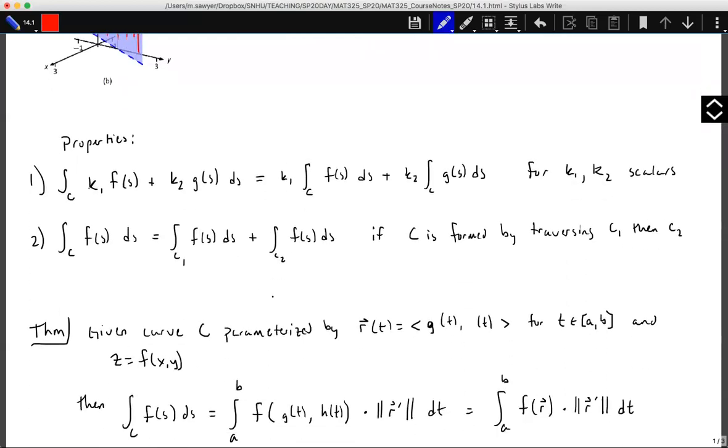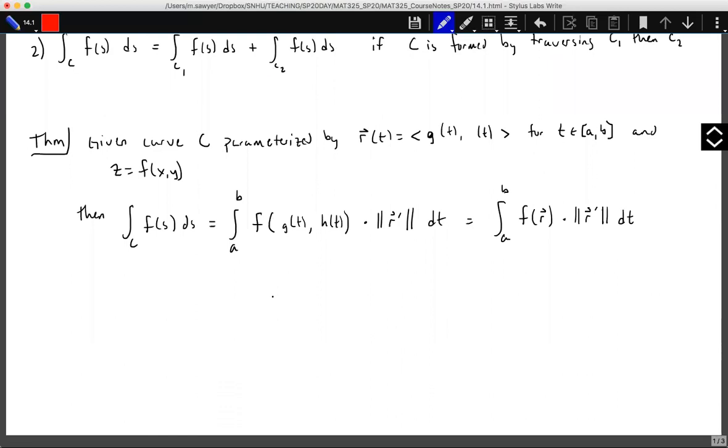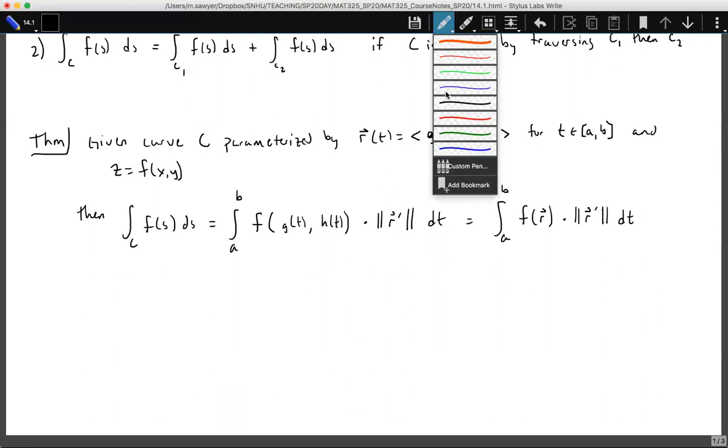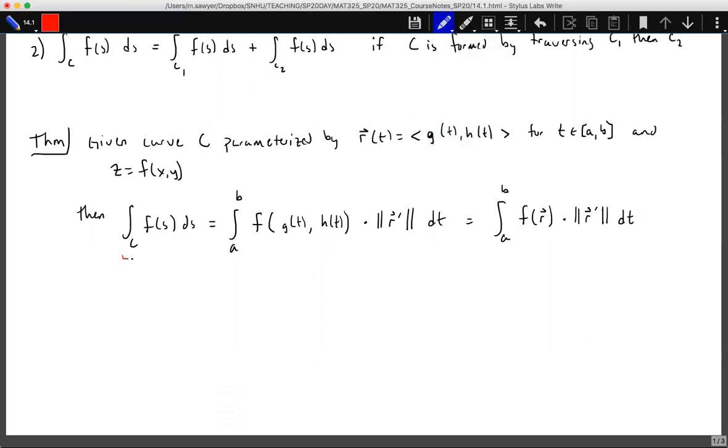So if we have a curve parameterized by a vector valued function r of t, given by g of t and h of t for some time a to b, and some surface z equals a function of x and y, then our line integral, the integral over the curve C of f of s ds, we could rewrite as an integral over time from a to b of the surface parameterized by g and h.